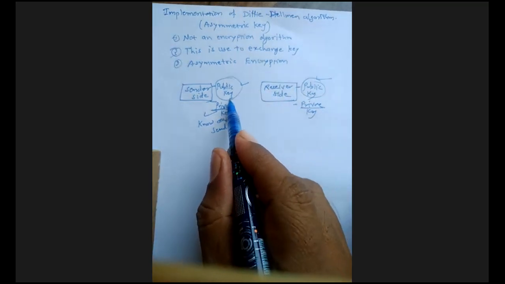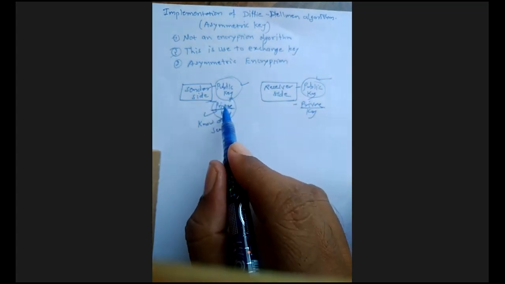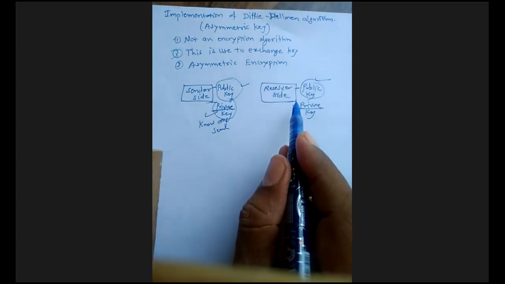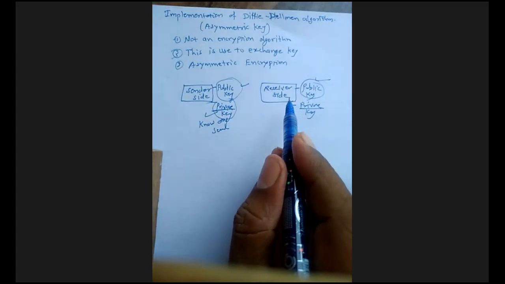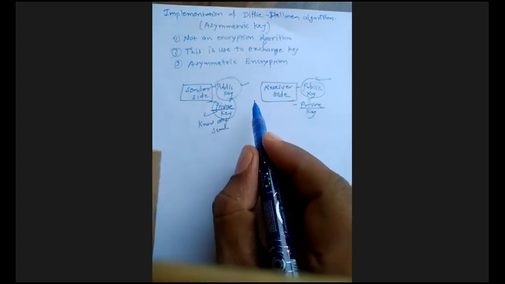So that I can exchange my key to the receiver, so that the receiver can read the message by using this private key. So this is called the exchange key.